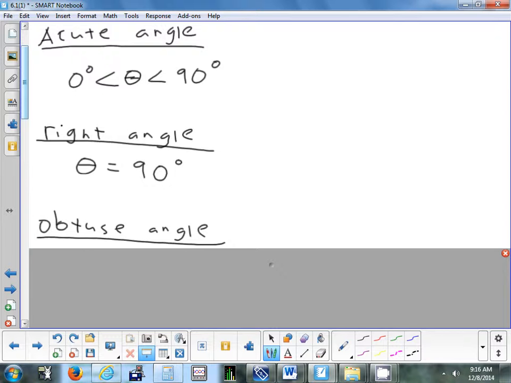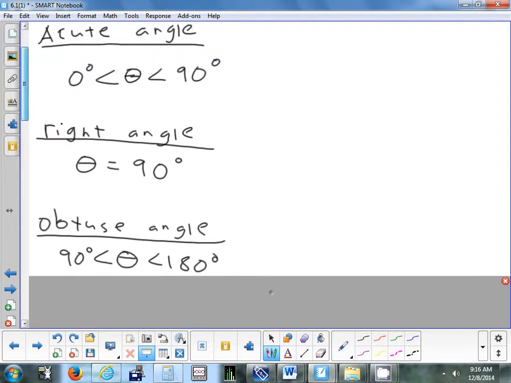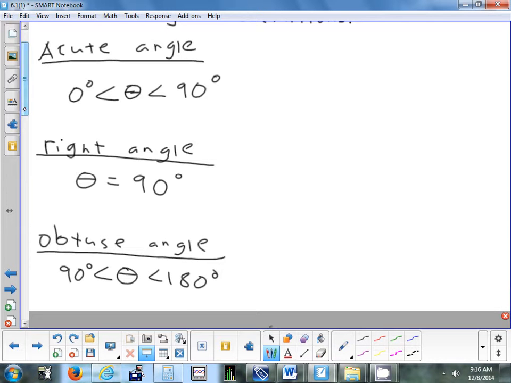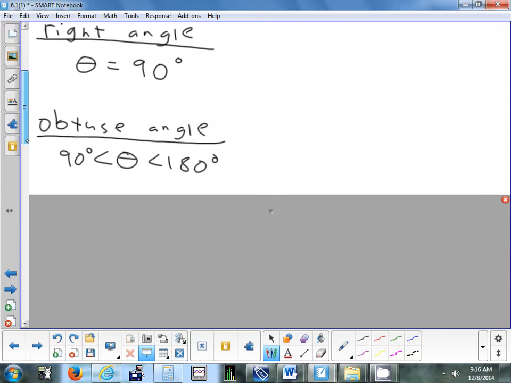Not quite, because keep in mind an acute angle covers everything from 0 to 90. Oh, I mean, 90. Okay, 90 to 180. Yep. Now all of these terms apply to a single angle. Acute, right, obtuse. Then we can get into some terms that describe a relationship between two angles.